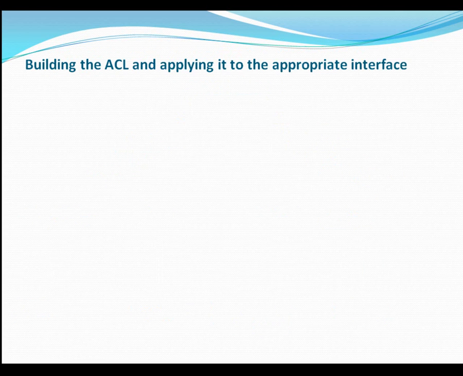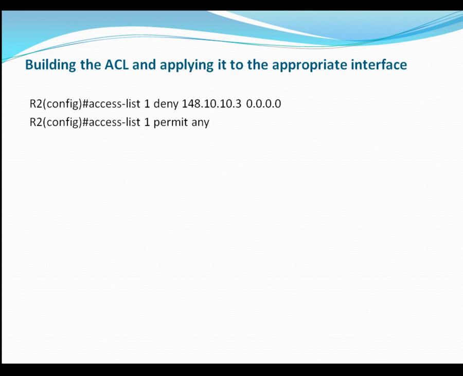Building the ACL and applying it to the appropriate interface. In router 2, in the global config mode, type access-list 1 deny 148.10.10.3 with the wildcard of 0.0.0.0. We could have quite simply also typed in access-list 1 deny host 148.10.10.3. It would serve the same purpose. Follow that with access-list 1 permit any.